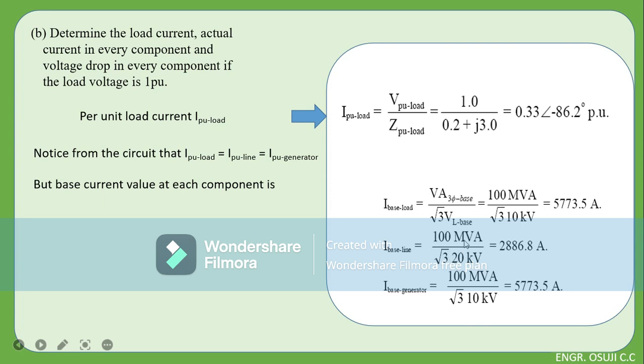Then we'll put that into this formula, and this is what we have. Then the base current for the generator, we know the generator voltage is 10 kV, its power is 100 MVA. I mean the base power is 100 MVA. So, and we have this. While this is the base power, base voltage, base power, base voltage, please do not forget that.